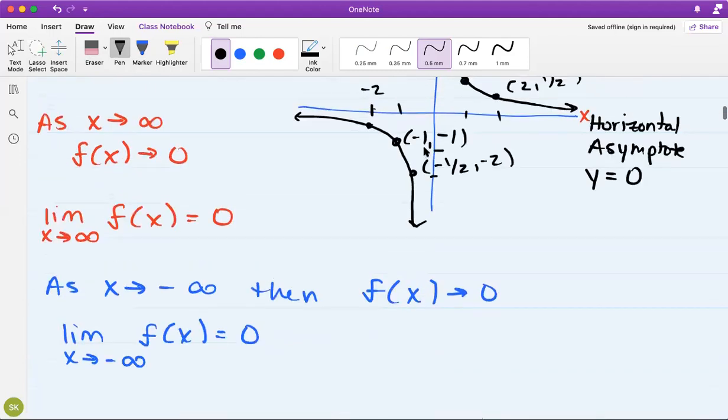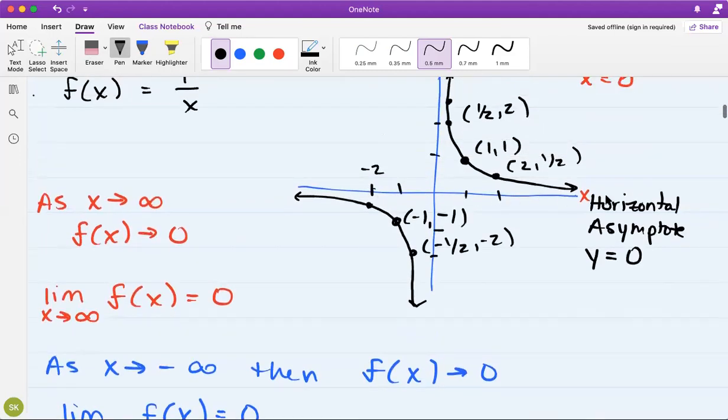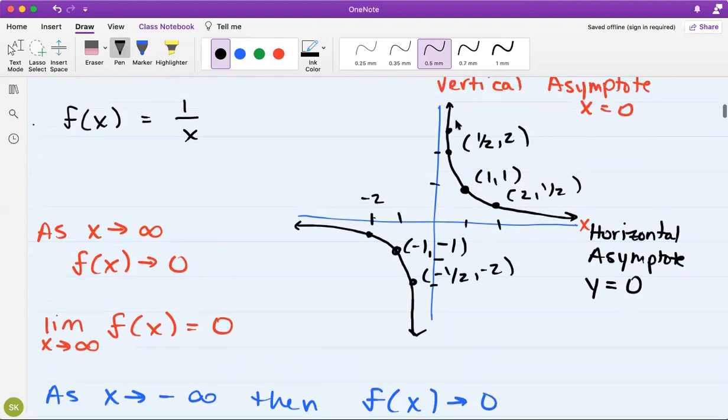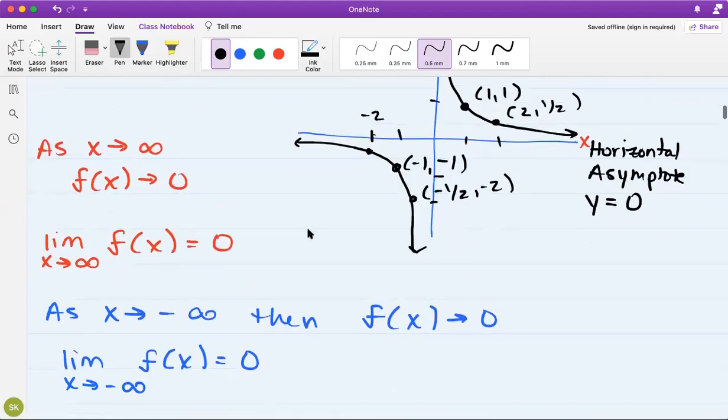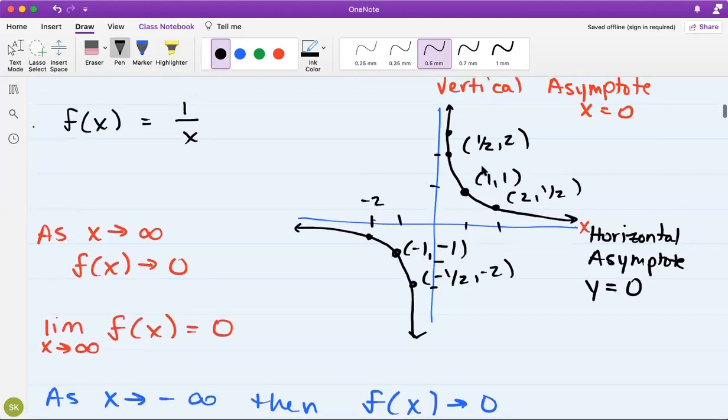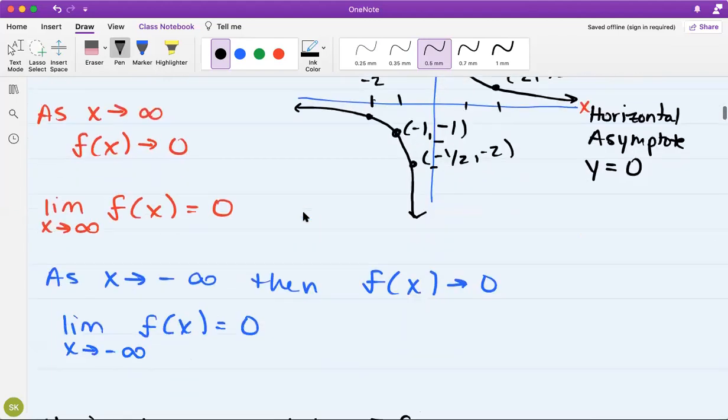So as you can see, again, it's going to be a horizontal line that your function, at least on one side, it doesn't have to be both, but on one side is going to approach as x gets larger or as x gets more and more negative. So going out to negative infinity. So horizontal asymptotes determine the end behavior of your graph. Now you can intersect a horizontal asymptote. It's just that as you go out towards either negative infinity or positive infinity, you approach that horizontal line.